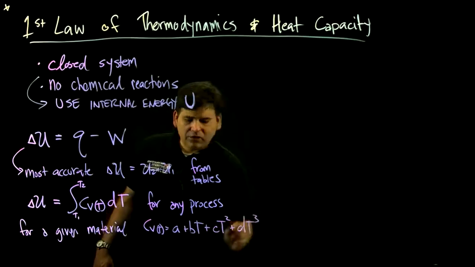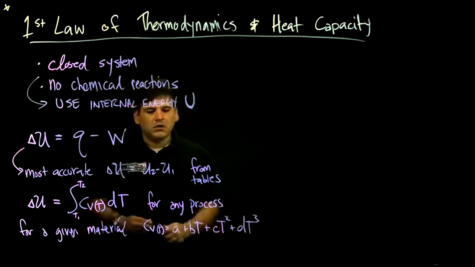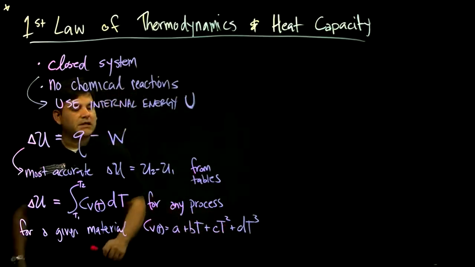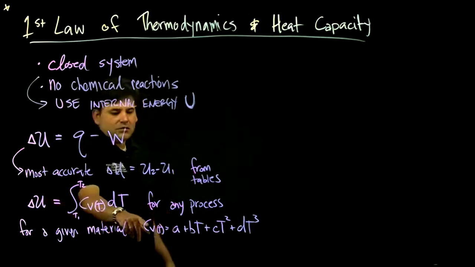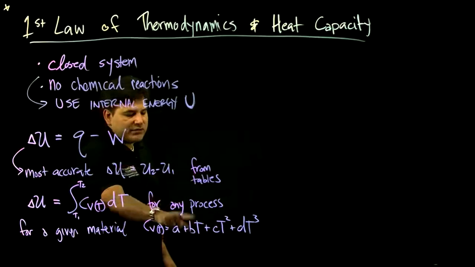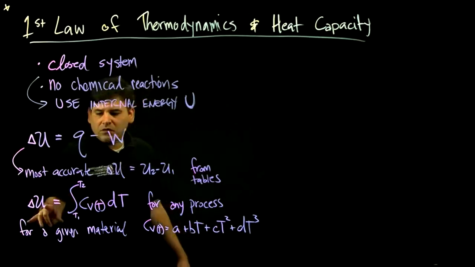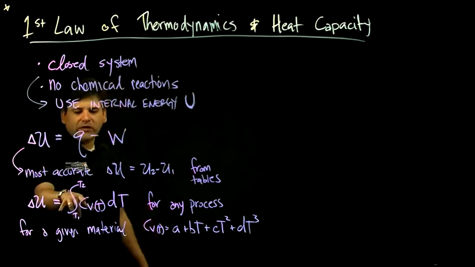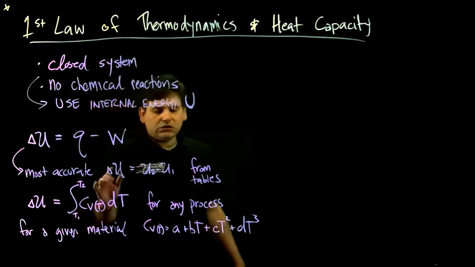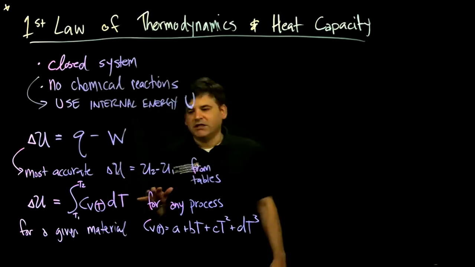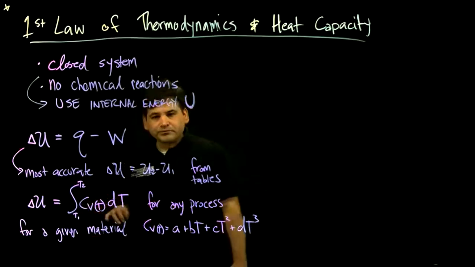You might find others, where this function, a polynomial in this case, gives you a relationship on how heat capacity changes with temperature. And when you integrate that, it will give you a relatively accurate way of finding internal energy. So that's what heat capacity is used for. It's used to find internal energy change when you're using CV.